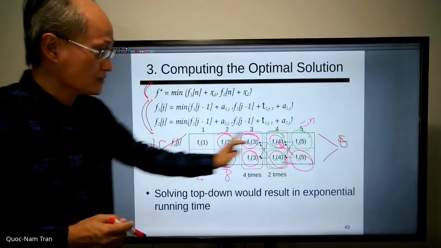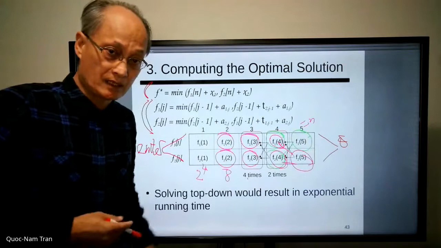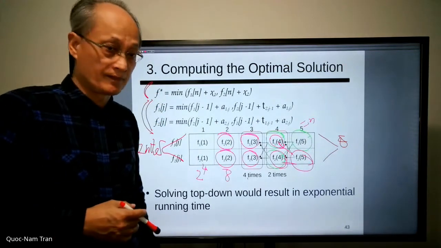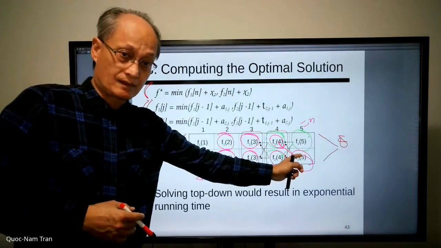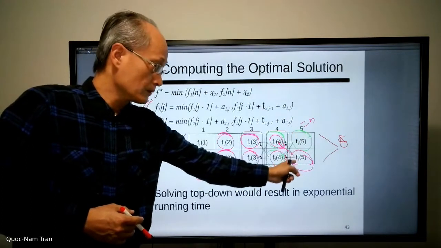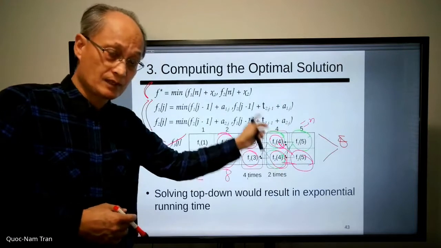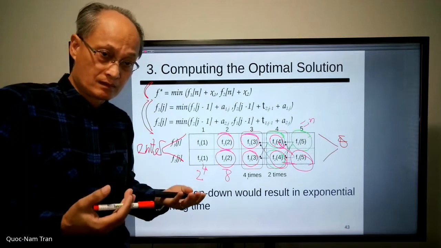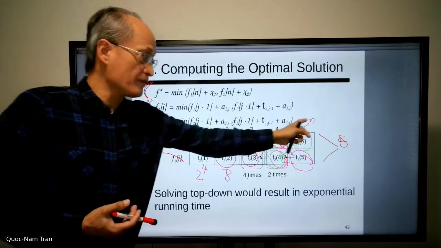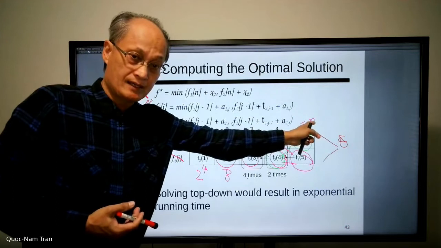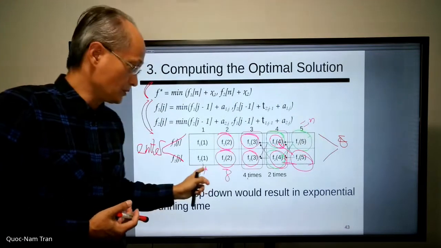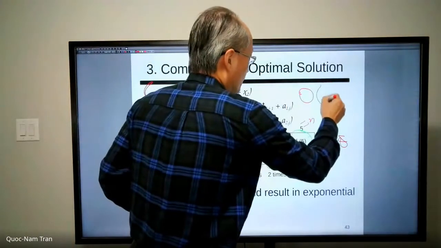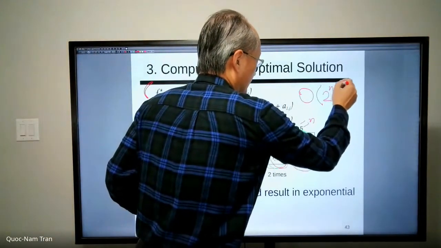So if we have n stations, what would be the complexity of this recursive algorithm? This one will be calculated 1 time, 2 times, 2 squared, 2 to the third, etc. So the last one, if you have n stations, you have 2 to the n, okay? So the complexity will be at least 2 to the n.